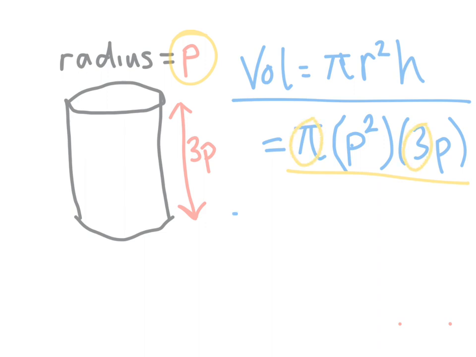Now you can write pi times 3, but what's more sophisticated is writing it as 3 pi. And then we have p squared times p. So that's p times p times p, which is the same as p cubed. You might remember from 6th grade that you can just add the exponents when you multiply. So that would be a 2. And what's invisible here is a 1. So that would be a 1. Okay?